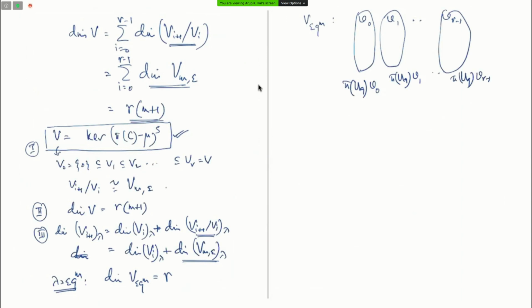And then the last step is to show that the Vij are all independent and span the entire V. Once you show independence, since I have already listed this earlier, this part would follow.